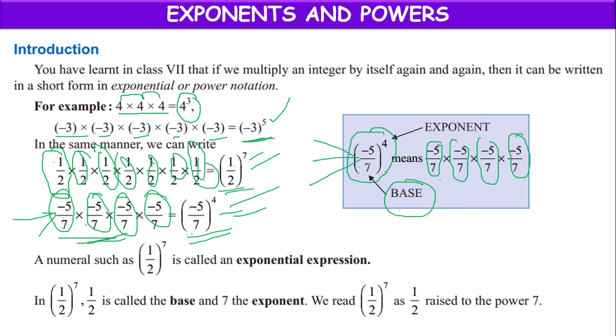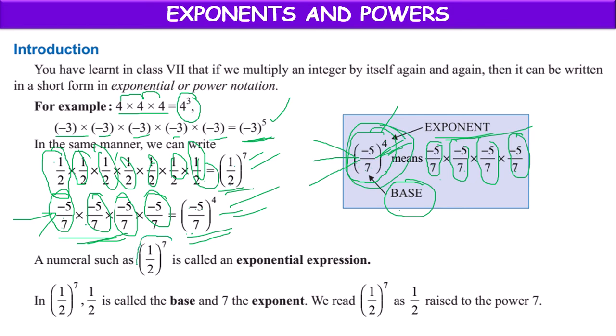Anything which is multiplied by itself so many times is called a base. How many times it is multiplied will be expressed above the number. That 4 is called the exponent. So this total form is called exponential form.